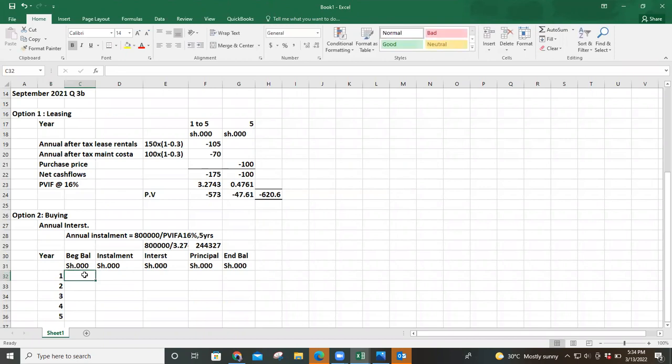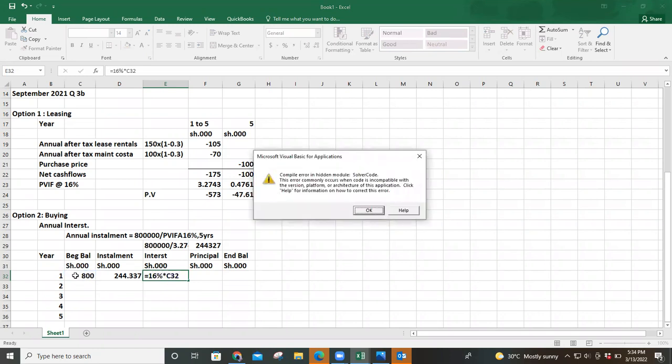As we start our first year, our loan balance was 800. In that year, we are paying an installment of 244.327. Interest, we all appreciate the interest rate is at the rate of 16%. So this one equals 16% of the beginning balance. Interest is paid on beginning balance.